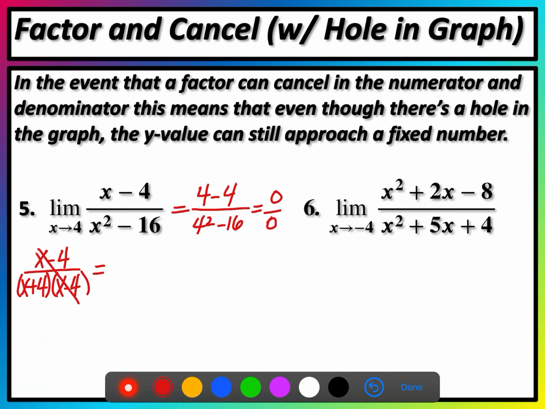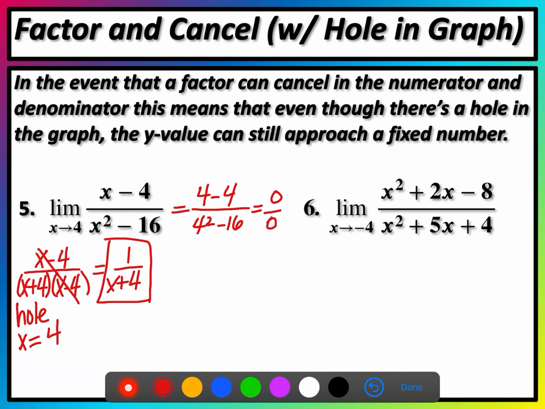So I could factor this, and I'd have a new simplified function, and I know that that means there's a hole at x equals 4. Well, that makes sense as to why I was getting 0 over 0, which is technically undefined. That's why it's not working.